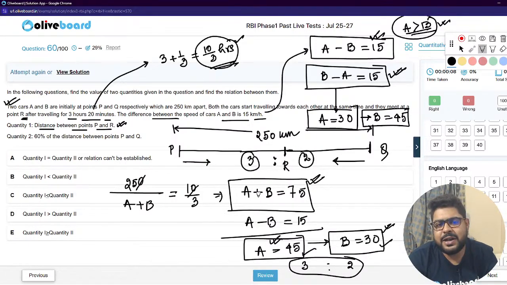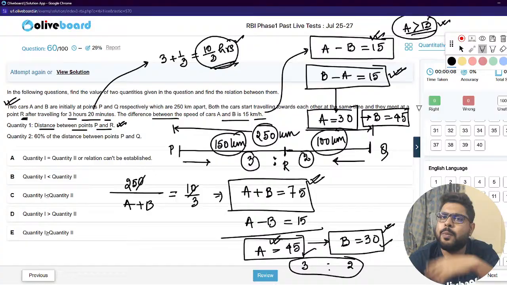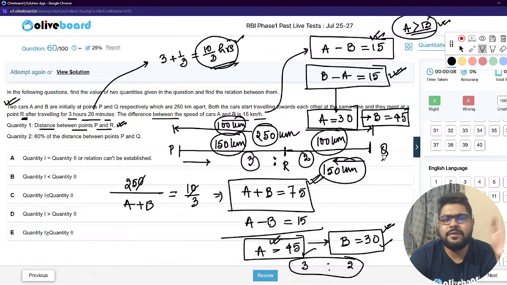So of 250, this will be 150 kilometers and this will be 100 kilometers. Or if the opposite happens, this will become 100 kilometers and this 150 kilometers. If A is greater, PR is 150, and if B is greater, PR will be 100 kilometers.